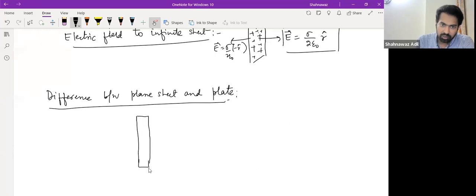This is the inside, and the charges are distributed like this. Whenever you place some charge, it will be distributed in two parts, one on the left and one on the right. So this is the conducting plate.